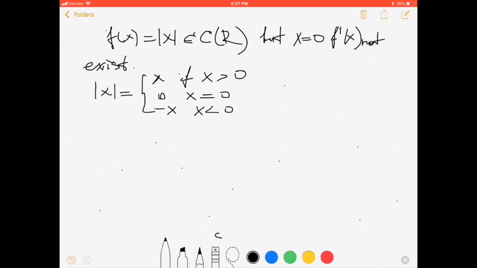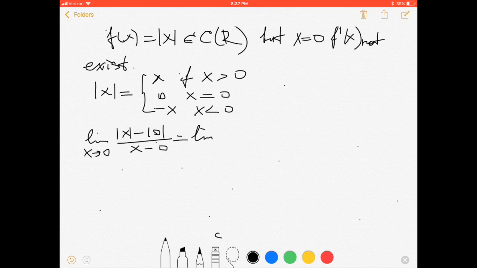If you try to find the derivative, we have the limit of (absolute value of x minus absolute value of 0) divided by (x minus 0) as x approaches 0.